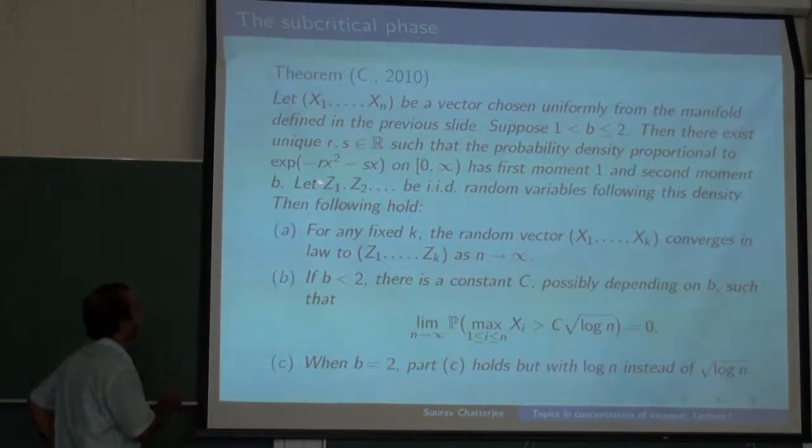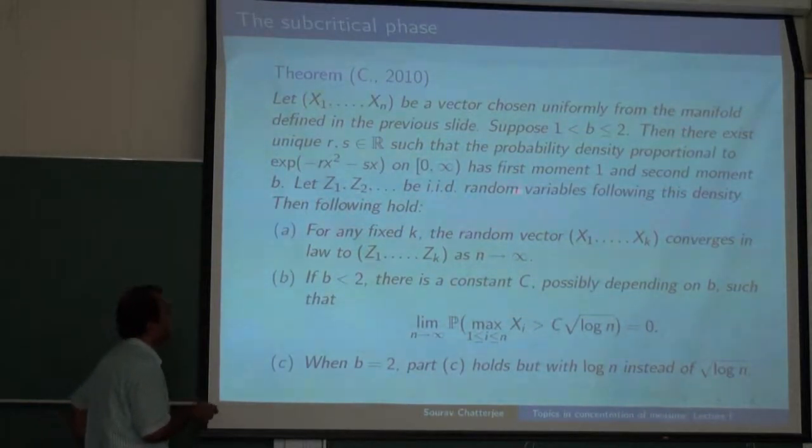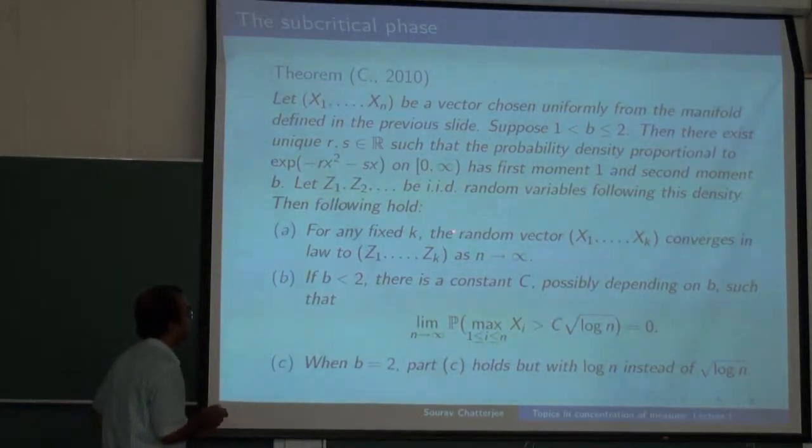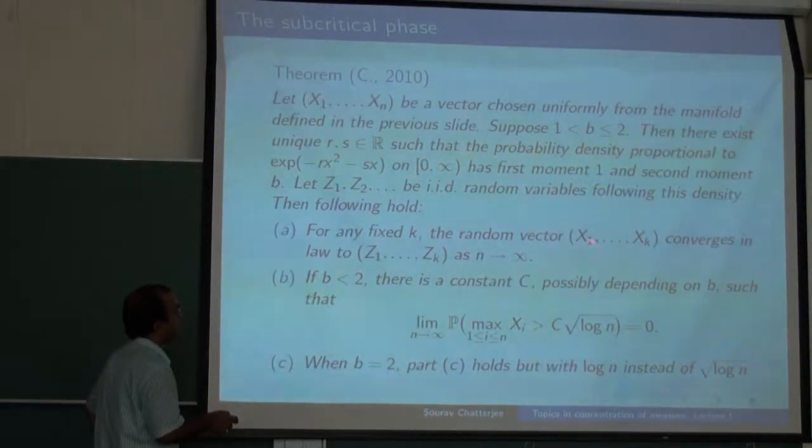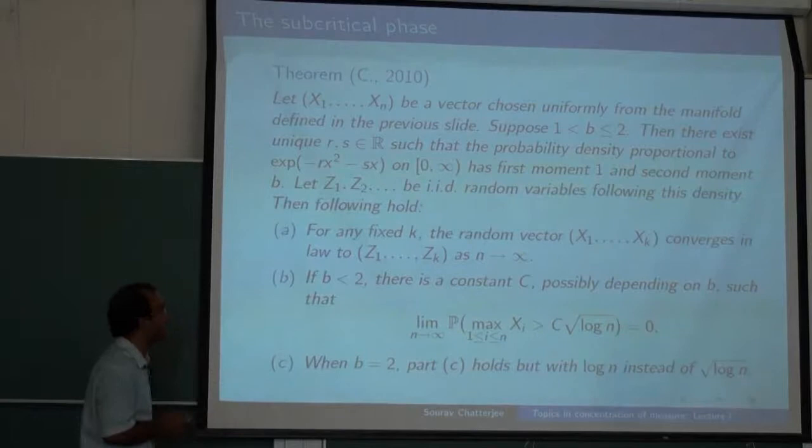So there is a unique r and s that is solving this. Let z1, z2, etc. be IID random variables following this density. Then for any fixed k, this random subvector x1 to xk converges to this in law, and these are all exchangeable. So basically, any k coordinates converge to IID from this distribution.